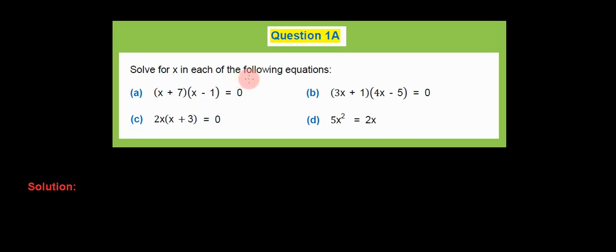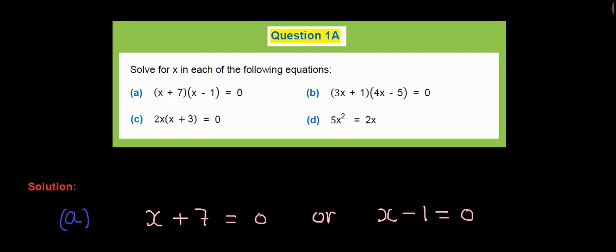So let's look at your answers to this question. In A, we have (x + 7)(x - 1) = 0. So using the zero product rule, we know that x + 7 must be 0, or x - 1 must be 0.